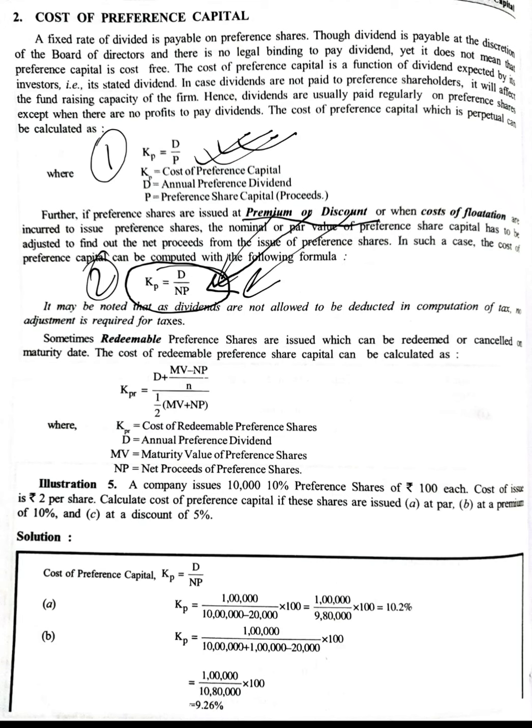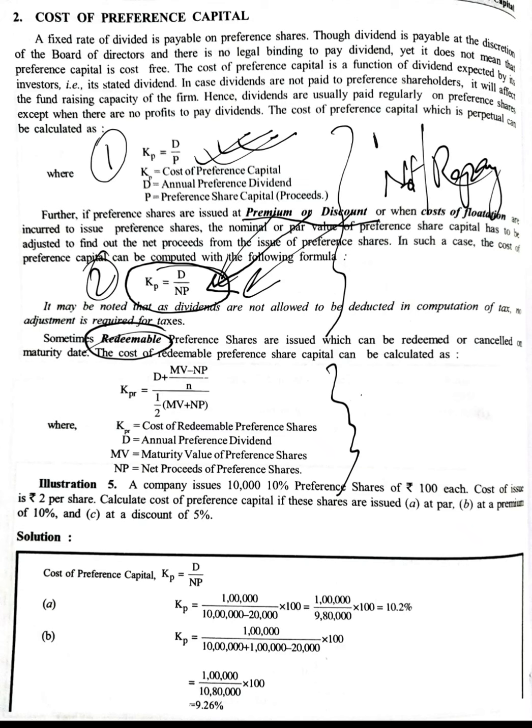Later on, when you have different information like redeemable preference shares, here we are talking about non-redeemable preference shares. Redeemable means you have to repay; these are not to be repaid, which is also known as non-redeemable. Here the formula changes when you have to repay.